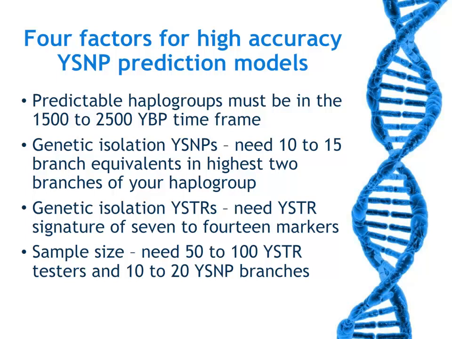Also, you need genetic isolation for YSDRs, so you need a signature of at least 7 markers, and sometimes it can go up to 14 markers. Also, the sample size. It just won't work for very small groups. You need 50 to 100 testers. That includes both confirmed and predicted testers, and you also need about 10 to 20 YSNP branches as well.